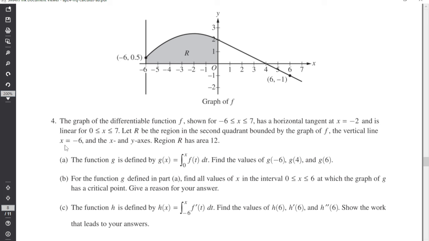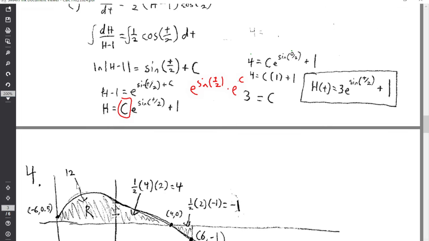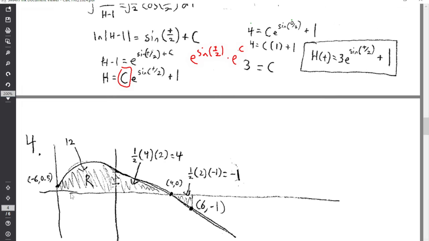So in order to do that, we're going to use areas of this graph because it's asking for integrals. These are all integrals, so we need the areas. So separately up here, I went ahead and found those areas. It already told us that this area here was 12. It said that in the problem.